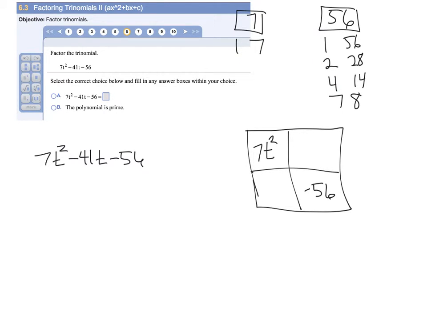This front term, 1t and 7t, now we can set it and forget it because there's no other options there. Now over here, we might have, for example, the 1 and the 56. We might have the 1 here and the 56 here, or reverse it and have the 1 here and the 56 up here.